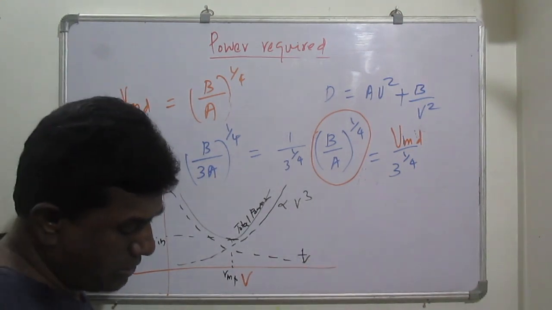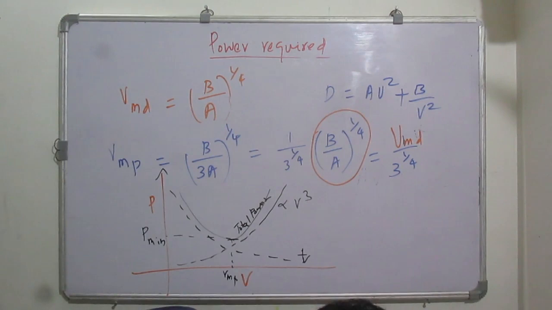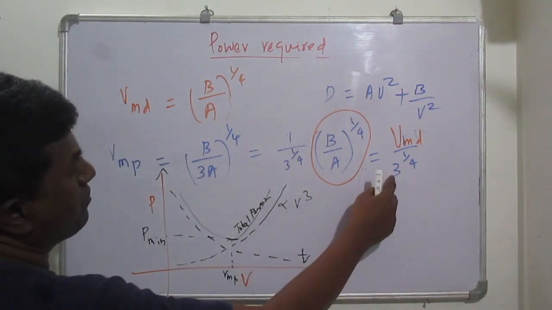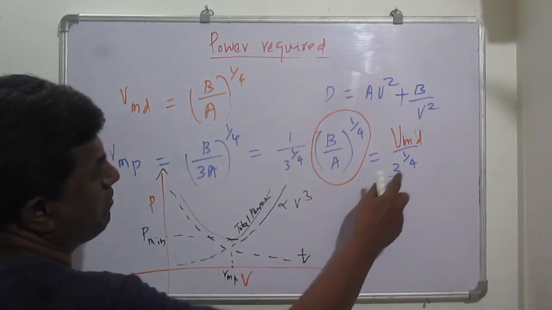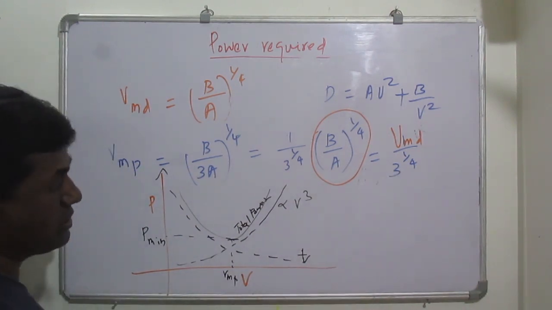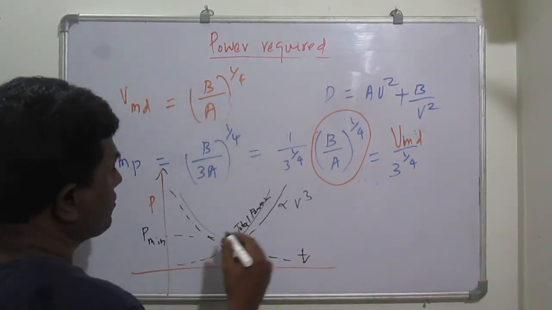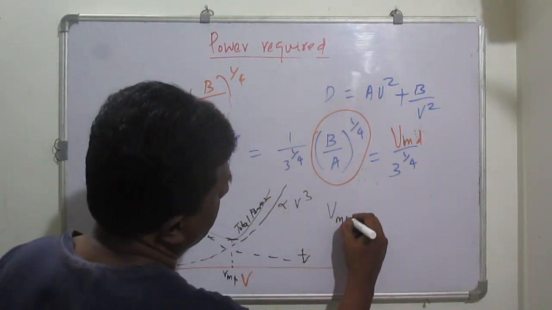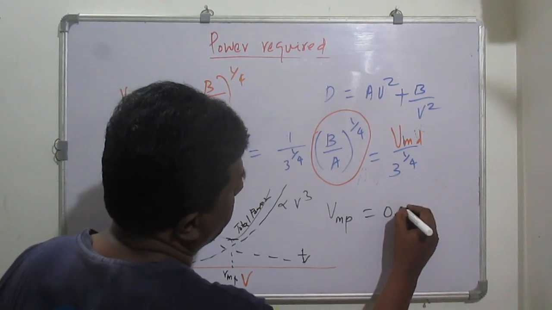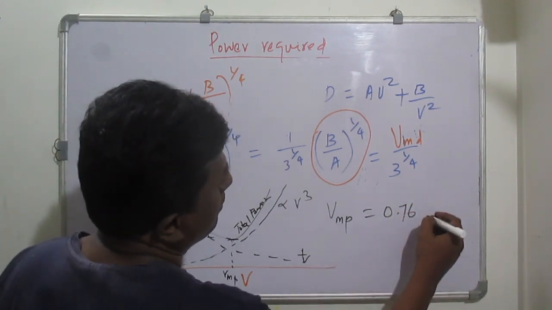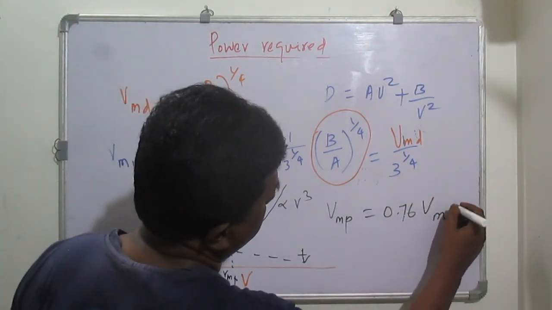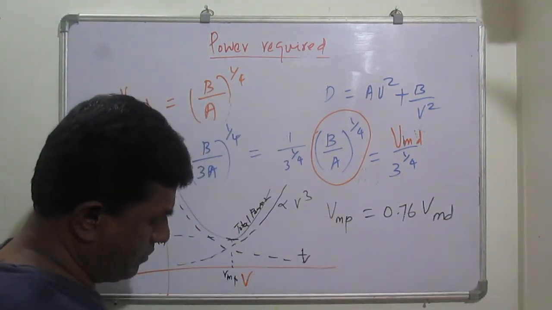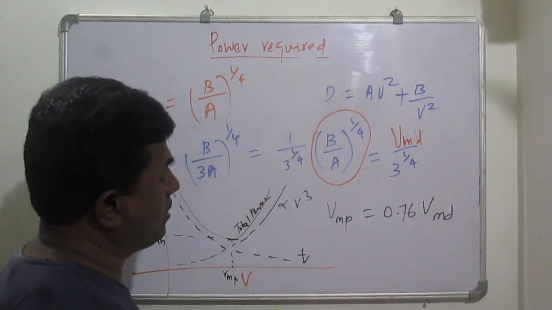So how much smaller it is going to be, that we will see, because if you know the value of 3 power 1 by 4, then we can say the velocity at minimum power is equal to 0.76 VMD, velocity at minimum drag. So this is a very important conclusion at this point.